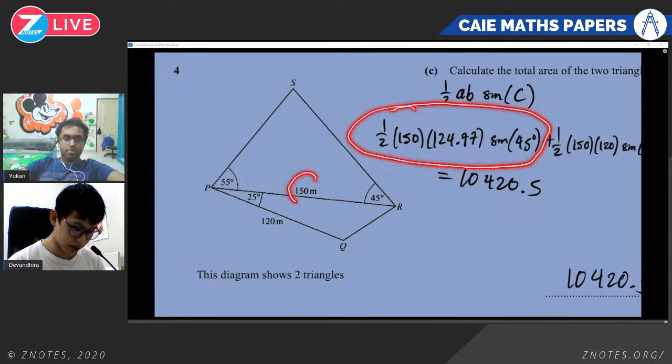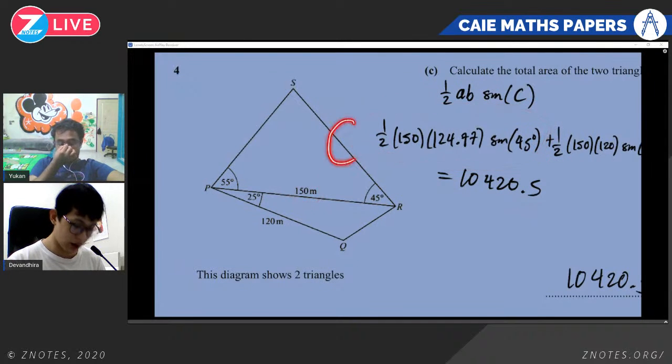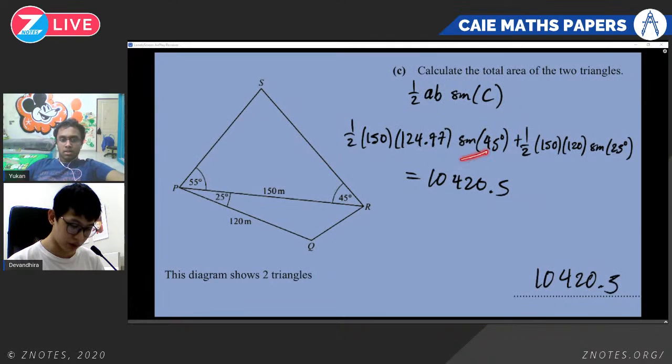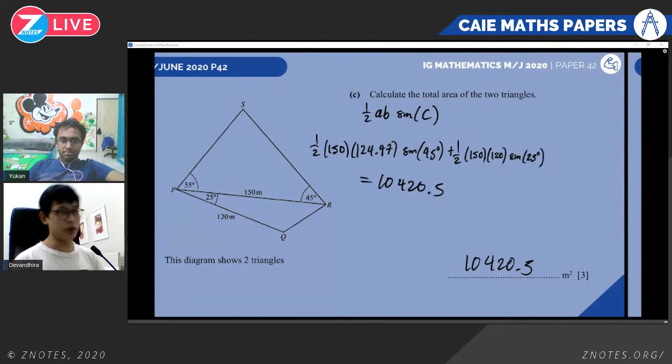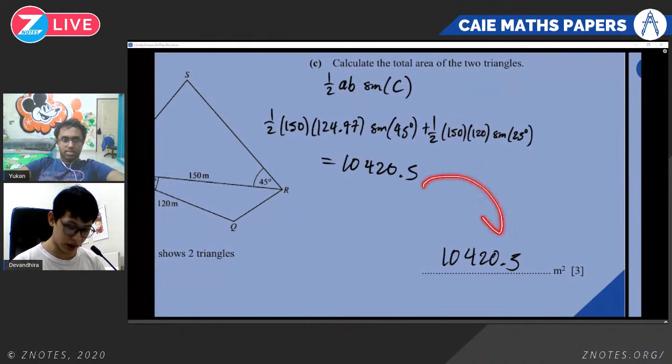The adjacent sides are 150 and RS, which is 124.77, and the angle is 45. Just plug it in. Because you want the total area, you have to add them. You should be getting about 10,420.5. You can put this as your answer instantly.